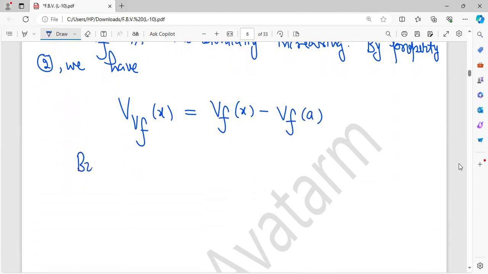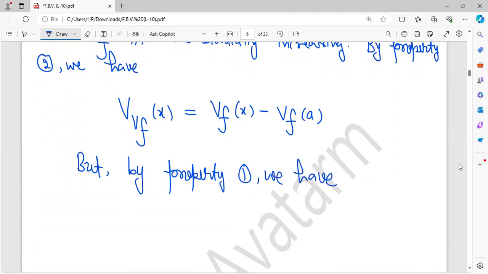But by property 1 we have V_f(a) is 0. So put the value of V_f(a) as zero.